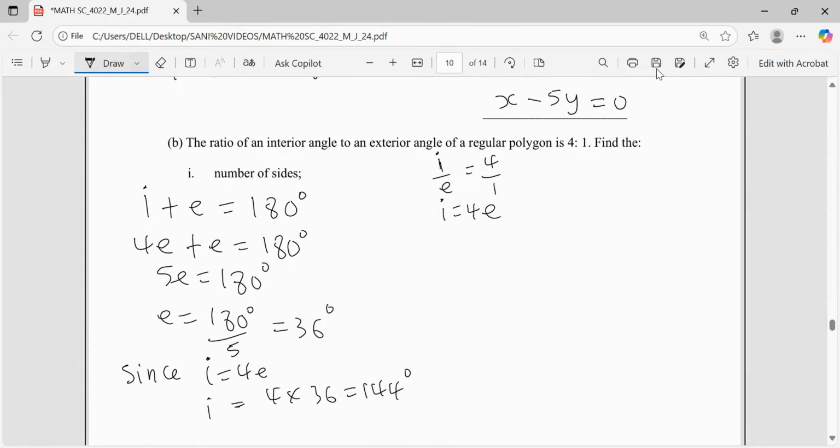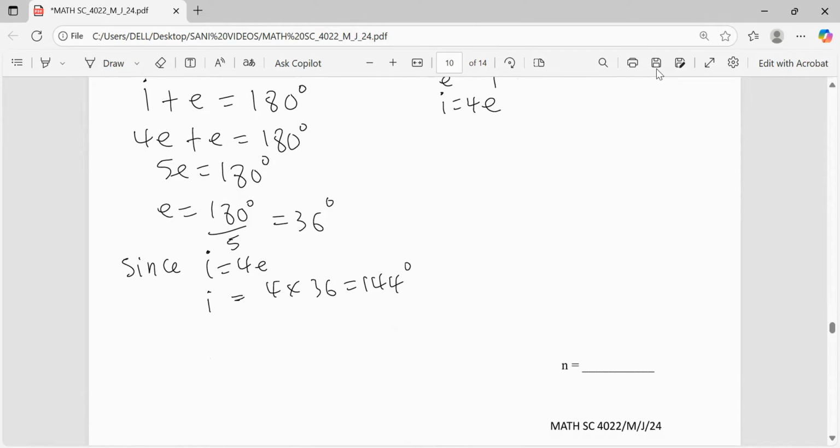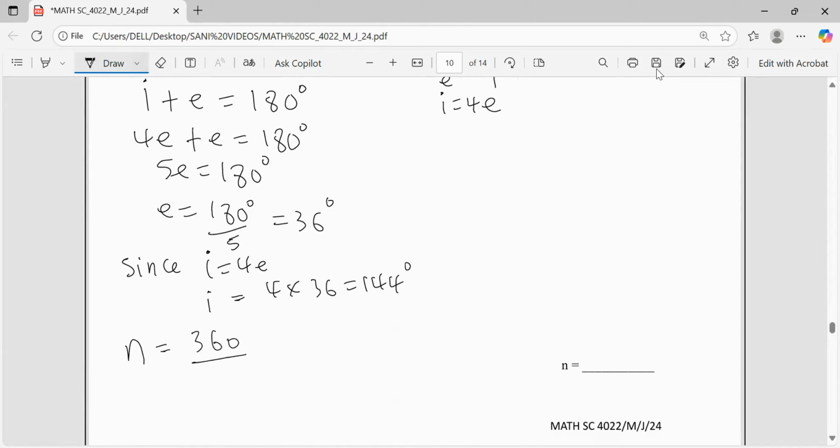So that is the interior angle. Then to calculate the number of sides, this is another formula. The number of sides of a polygon equals 360 divided by the exterior angle. So that is 360 divided by 36 equals 10. So that is 10 sides.